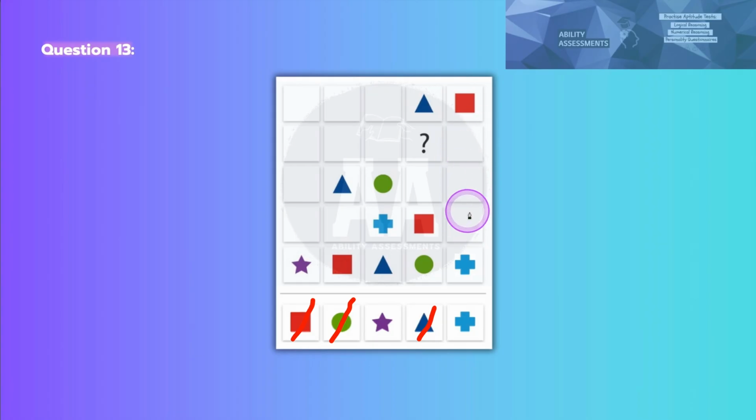However, what we can see immediately is in this row, we already have two of those shapes. We already have the triangle and we already have the circle, which means this cannot be a triangle or a circle. So now all that is remaining from the three shapes that are missing from these three cells is the star. This means by process of elimination again, this cell will be a star.